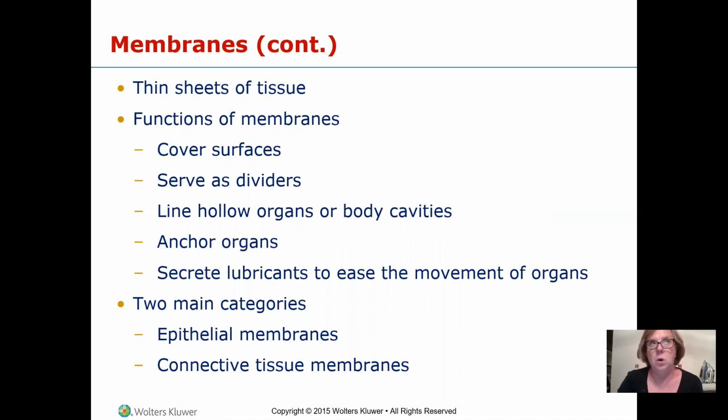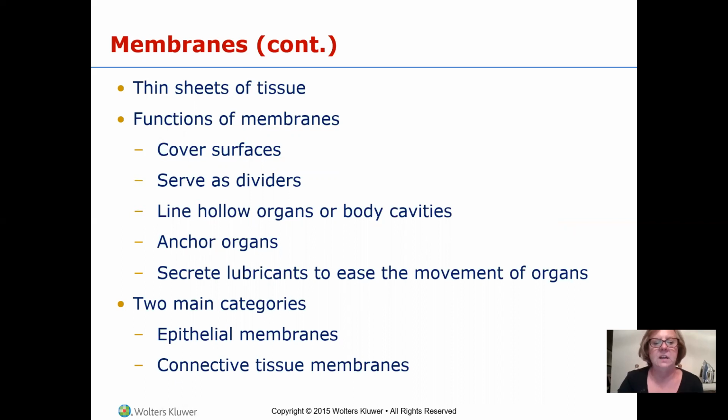Like when this membrane is lining your lungs, and when you breathe and you expand your lungs, well, it is not painful. So it provides for some kind of lubrication there.